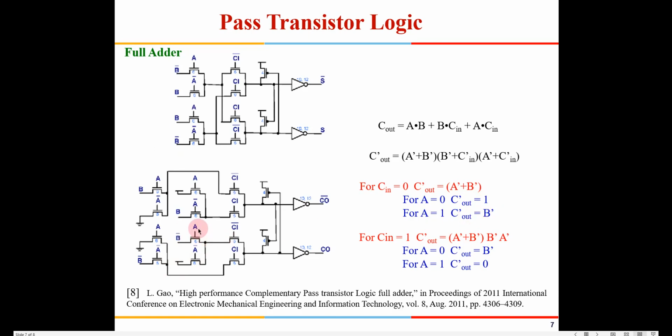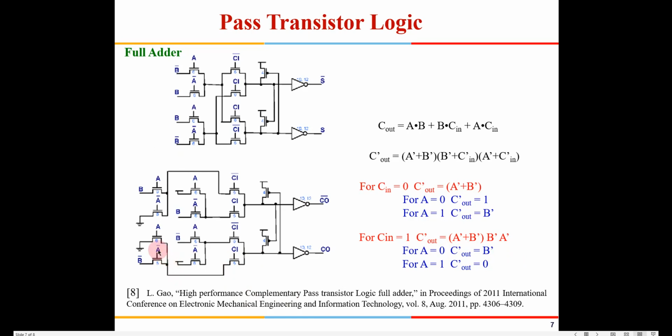So this is the circuit. For C in equal to 0, for A equal to 1, it is B bar. For A equal to 0, it is 1. Similarly, you get this expression again for A equal to 0, that is when C in is equal to 1. So this path. So for A equal to 0, right? Now for A equal to, C out is B.